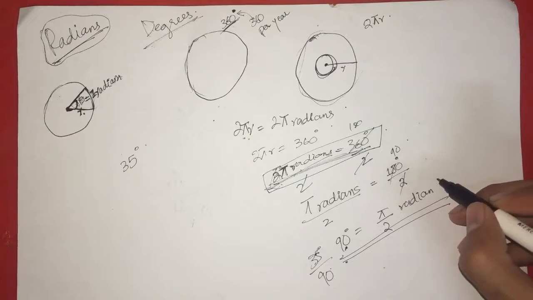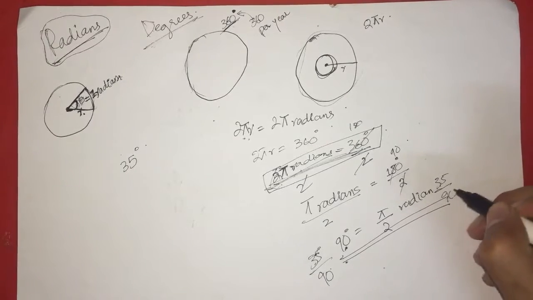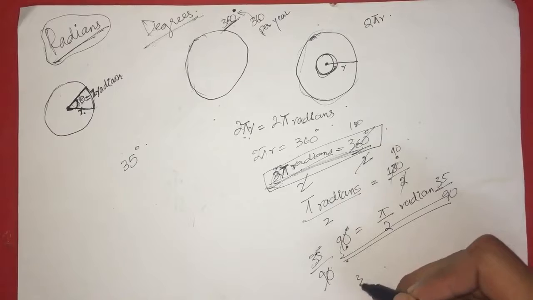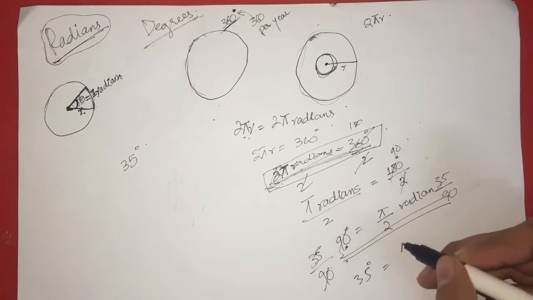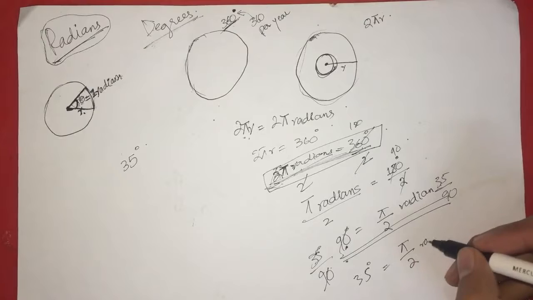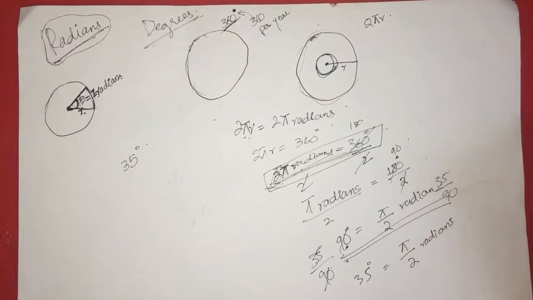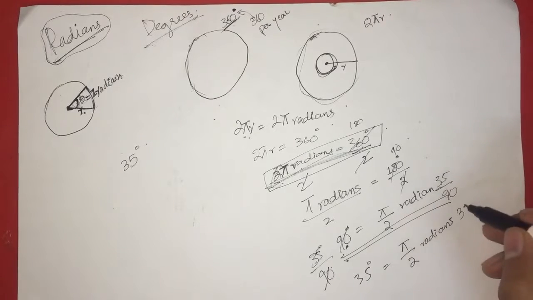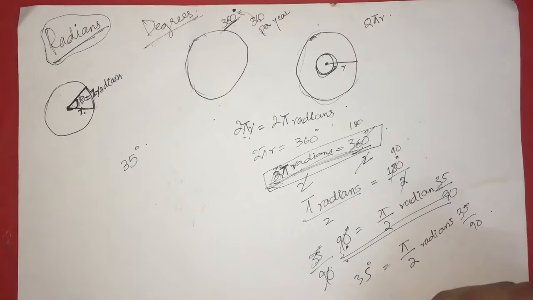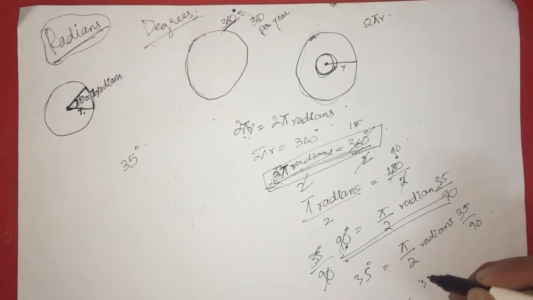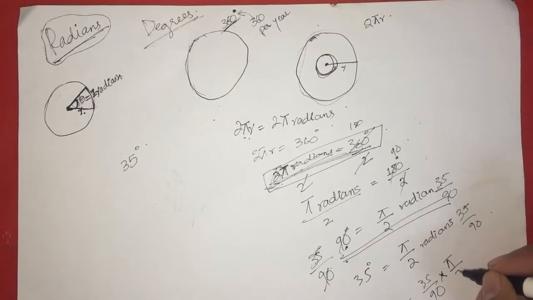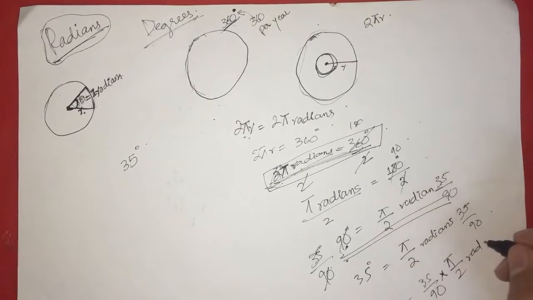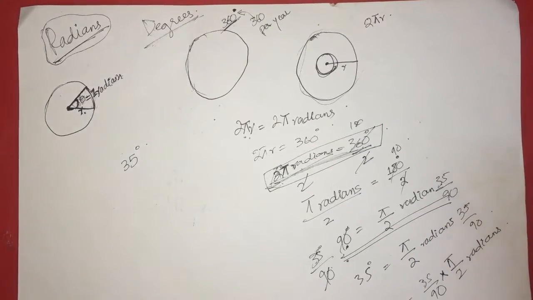That gives us 35 degrees equals pi by 2 radians times 35 by 90, or 35 degrees equals 35 by 90 times pi by 2 radians. So you can easily calculate it and convert it into radians.